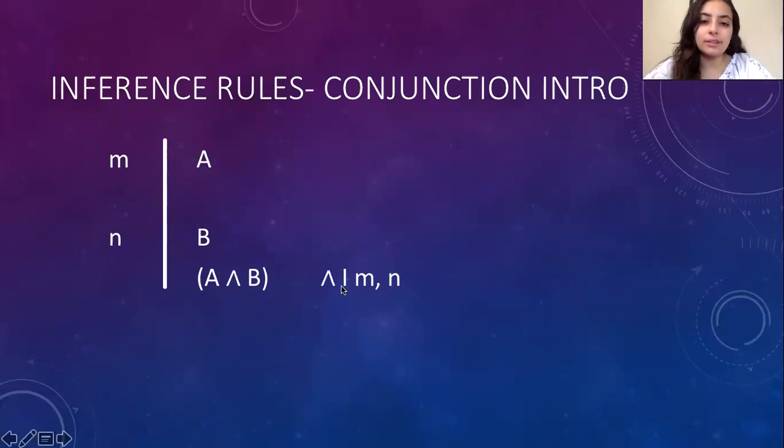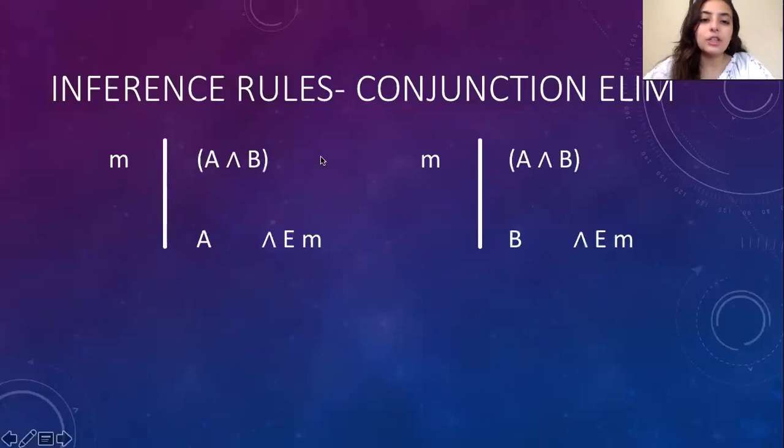Pretty straightforward, correct? So what if you wanted to just get one letter by itself? If you're given a conjunction, you're given both letters, and you want to get one letter by itself. Well, then you're going to have to eliminate that conjunction, right?